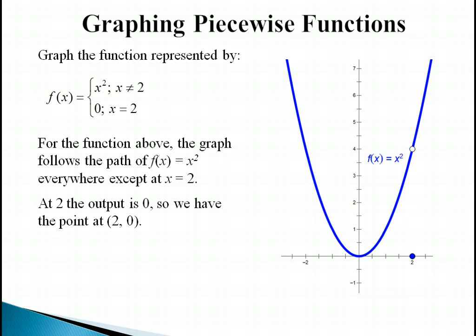Instead of having the ordered pair at 2, 4, we have an ordered pair at 2, 0, which is on that x-axis there. So we have that hole in the graph, but we still have the ordered pair 2, 0, which means that our domain is still the reals. So we're not excluding that particular point from the graph, we just have it not following the path of x squared.